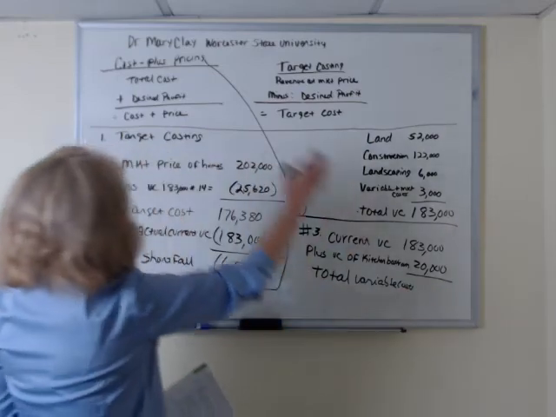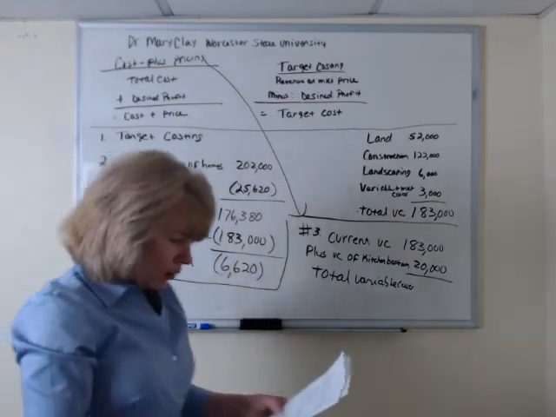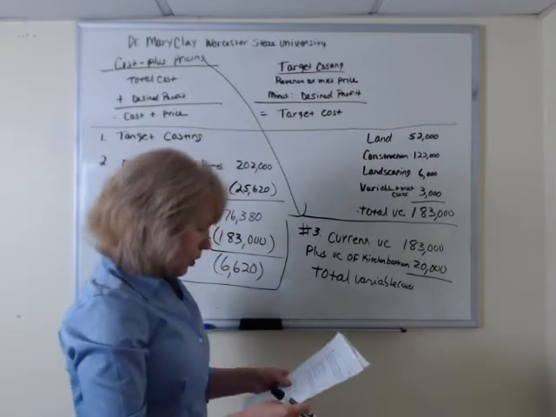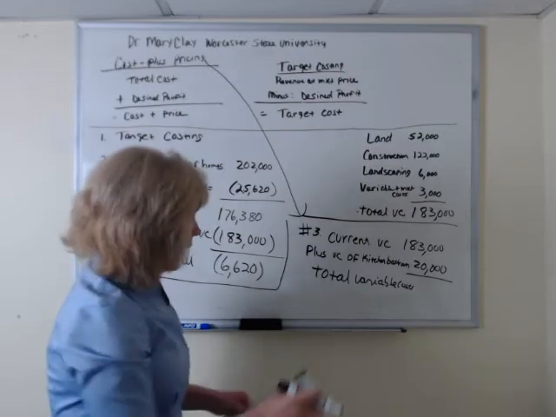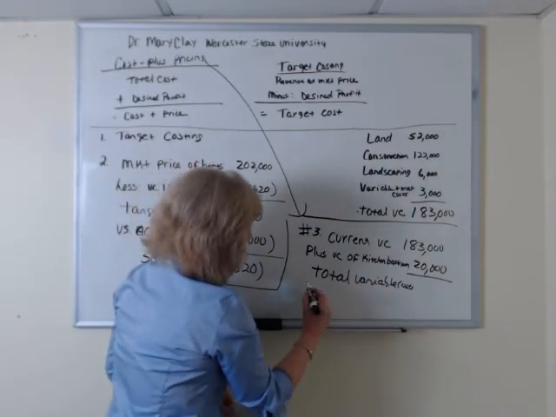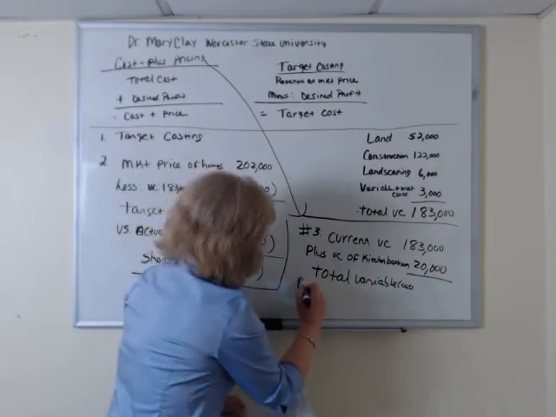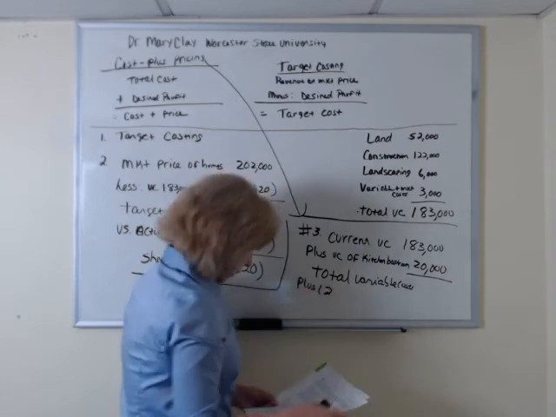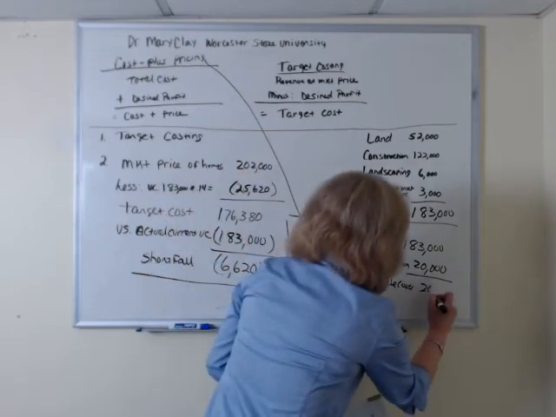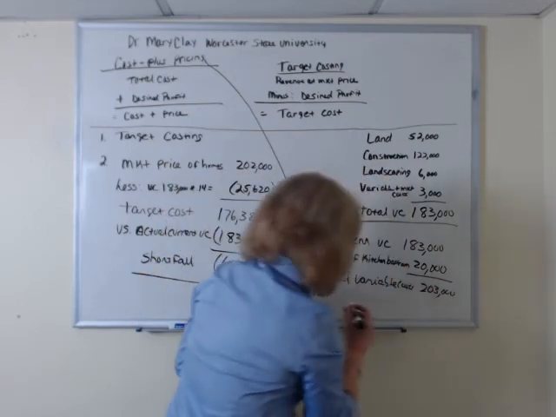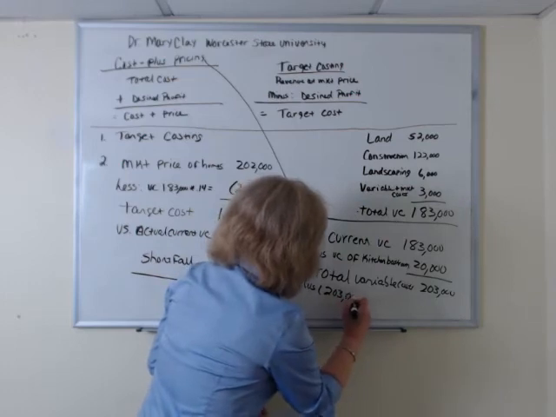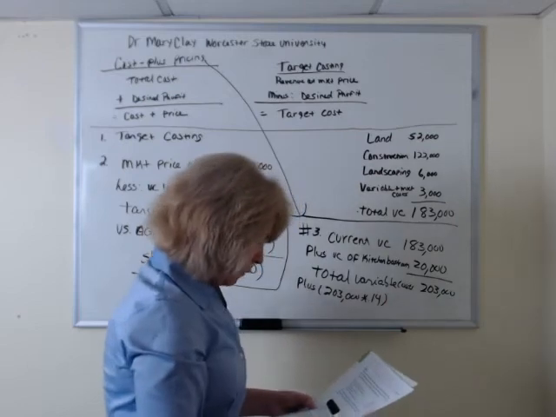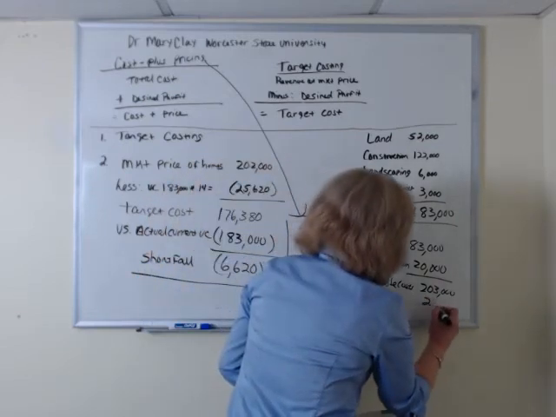Okay, I'm looking at cost plus pricing. Now I'm going to figure out the desired profit. So the desired profit is the variable cost, which is 183,000 plus 20,000, well, let me total that, right? 203,000. 203,000 times 0.14, and that will give me 28,420.